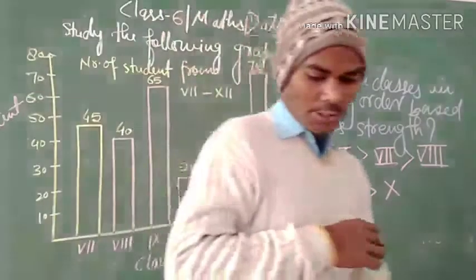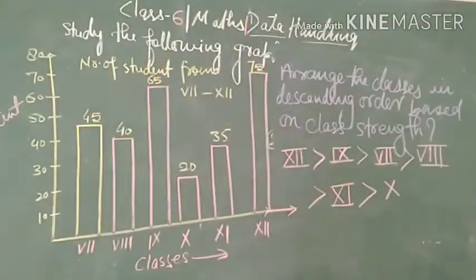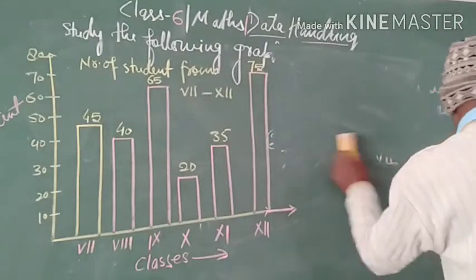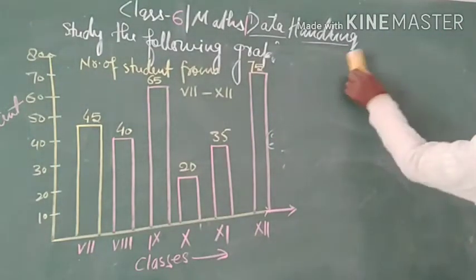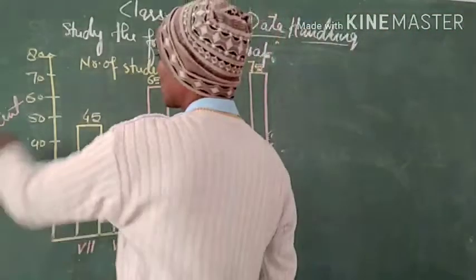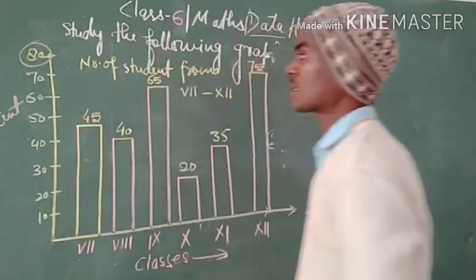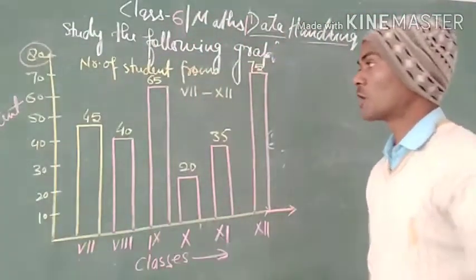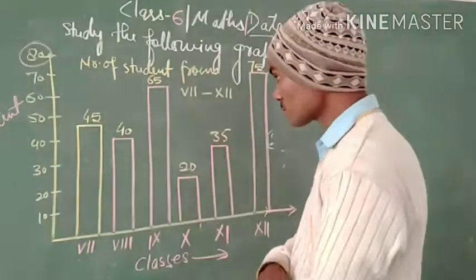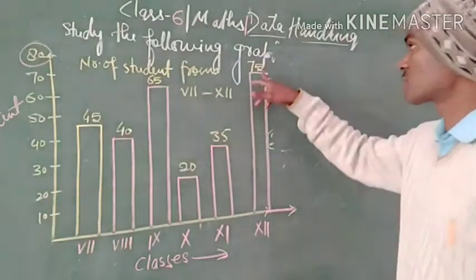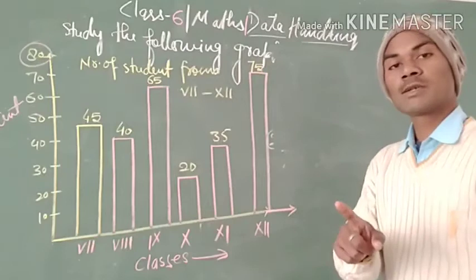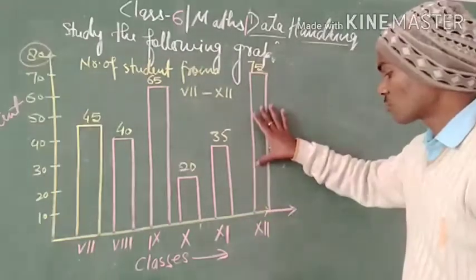Now the next question is, what is the total number of students in the school? Here we have to find the total number of students. We cannot justify it just by seeing the highest number 80 on the vertical line, because 80 is not the highest number, and also we cannot justify it just by seeing 75 only, because 75 students study in class 12 only.